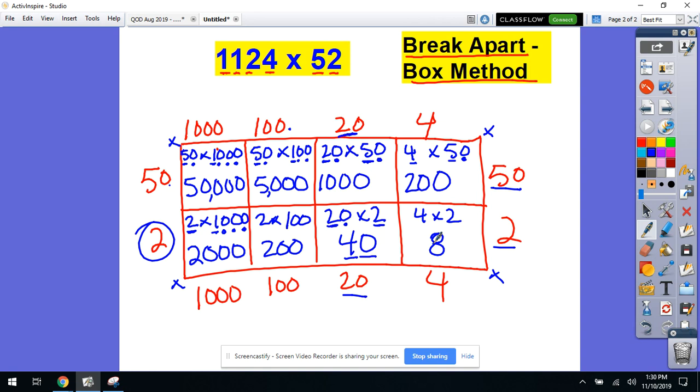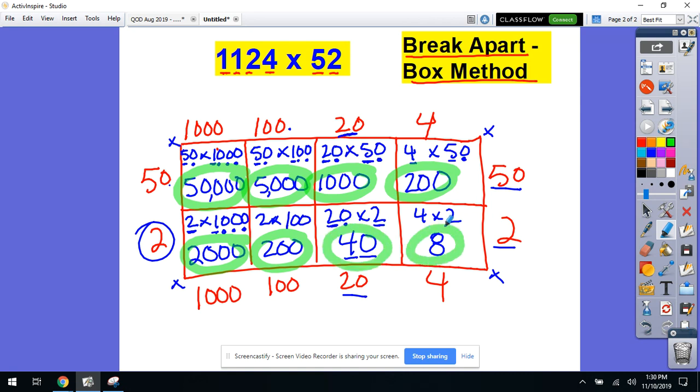Now you say, oh, I must be done, right, Miss Harden? No. We have to do the following things. We need to add up all of these numbers. Well, a few ways we can do this. We could just do them all the way down.